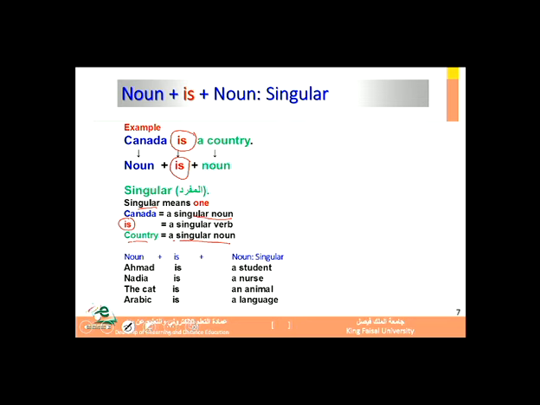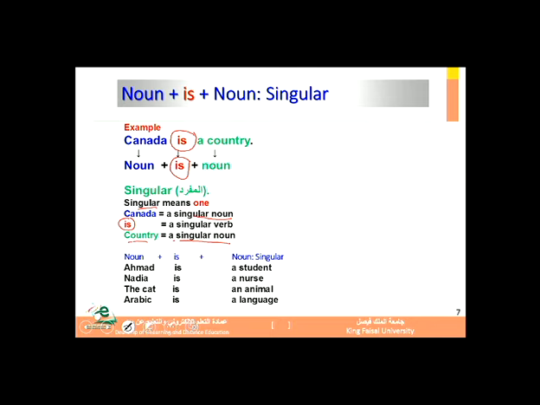Arabic is a language. So what is there? There is a noun followed by one form of verb to be followed by another noun, which is the first basic structure of using verb to be. Noun, verb to be, noun. Which form of verb to be do I have to choose? I choose is if this noun is singular.